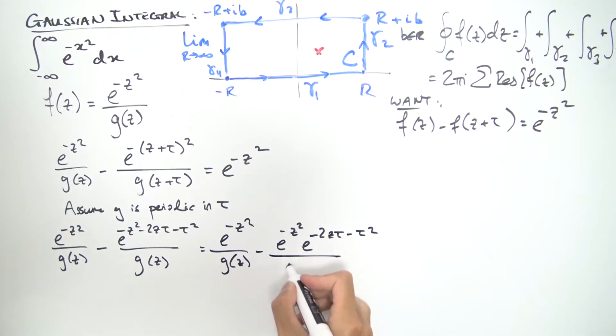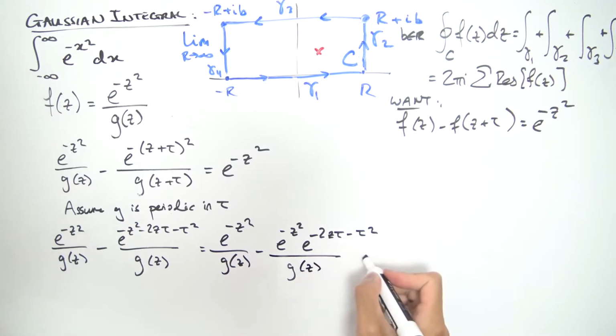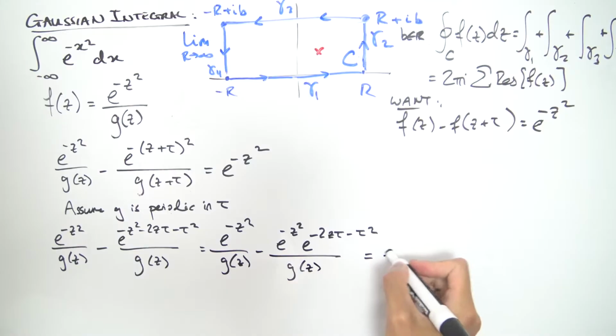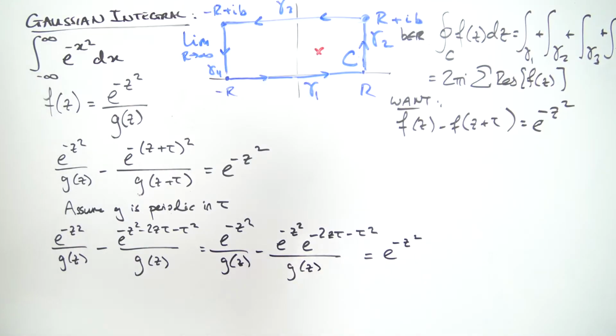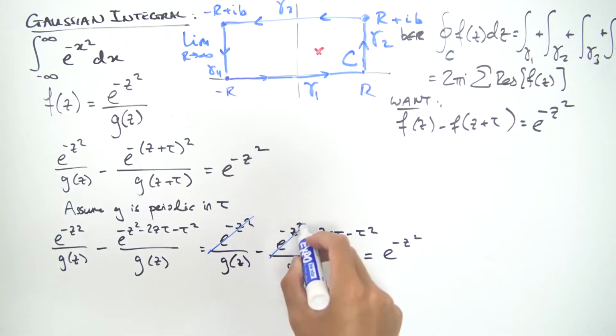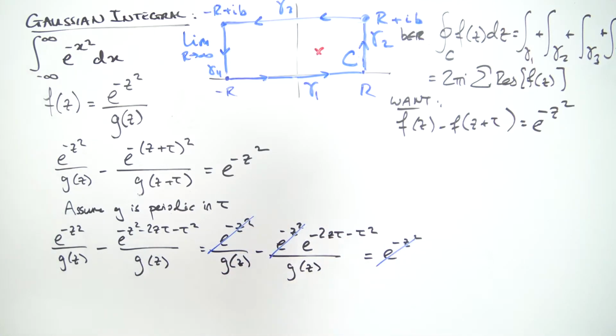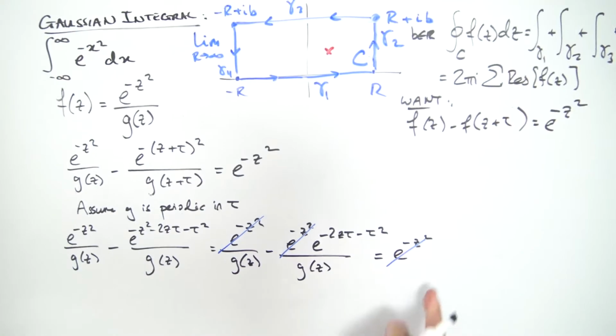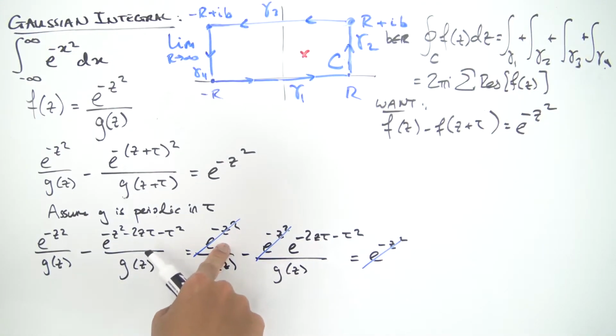And this is all divided by g of z. And all this is equal to e to the minus z squared. And notice one cool thing, we have e to the minus z squared, same thing over here, same thing over here. So let's cancel out everything. So this cancels, this cancels, and this cancels. And we're left with a 1 over here. So this is a 1 over here. And over here, this is also going to be a 1.